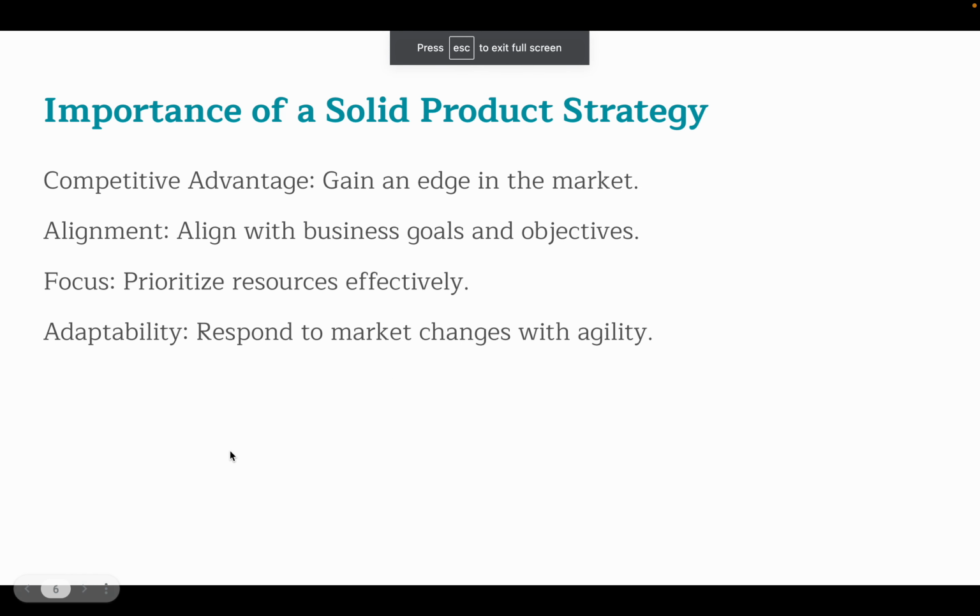Okay, and then next is alignment. If you do product strategy really well, you align your strategy with the business goals. As in all businesses, all businesses have varied functions, like your marketing, your finance, your legal team, your operations. All of these functions need to align with the wider business.